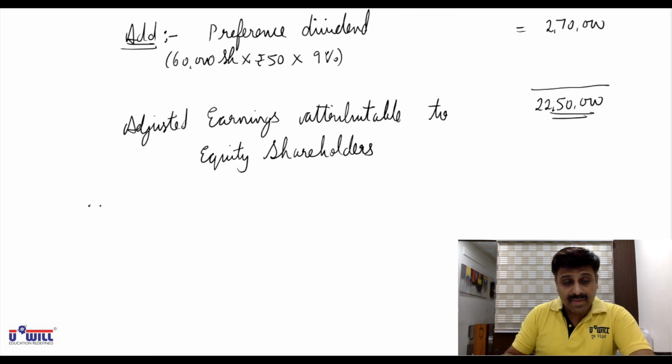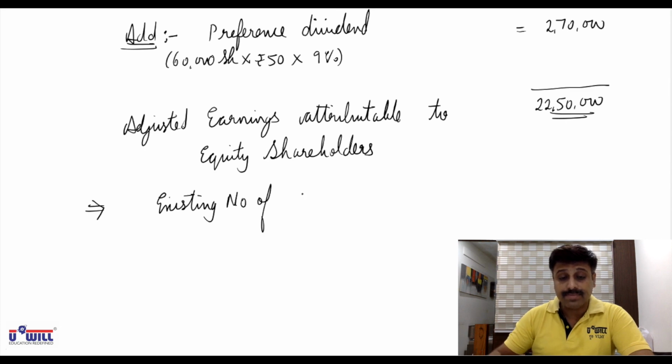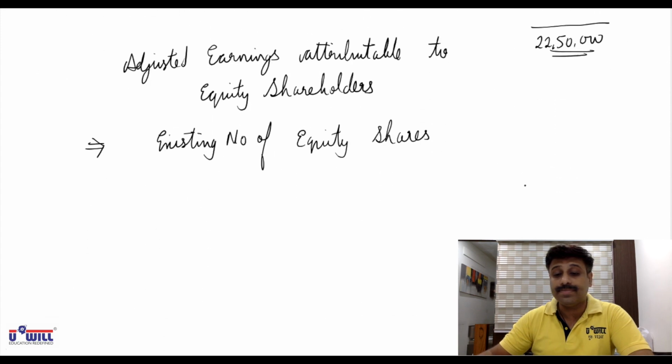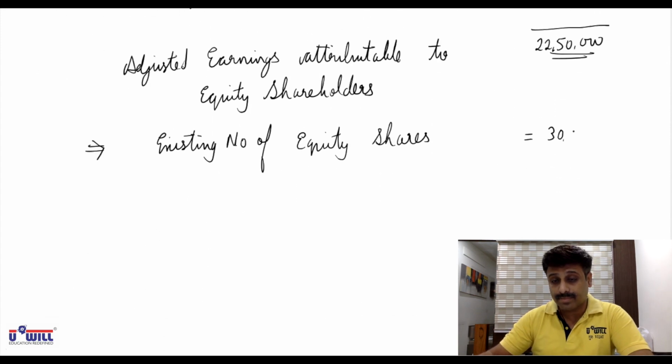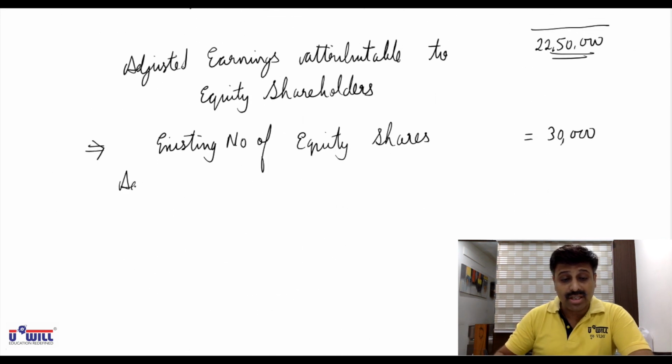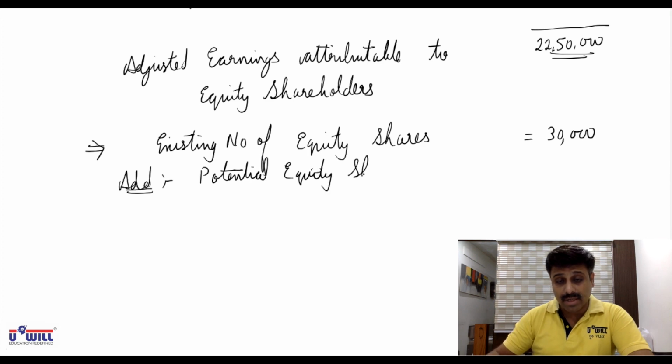Now we find adjusted weights. What are the existing number of equity shares? Existing number of equity shares are 30,000. In that we add potential equity shares, means the preference shares which will get converted into equity shares.